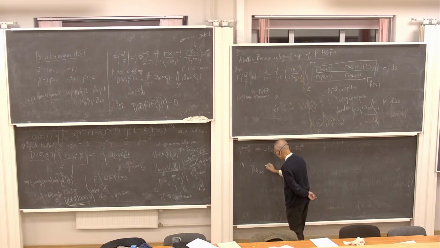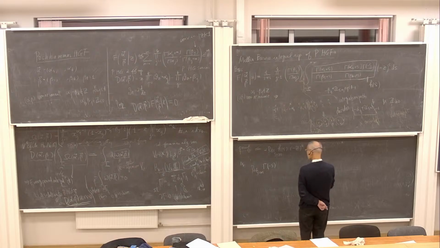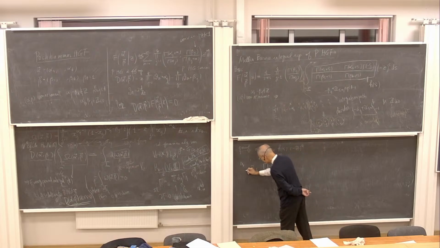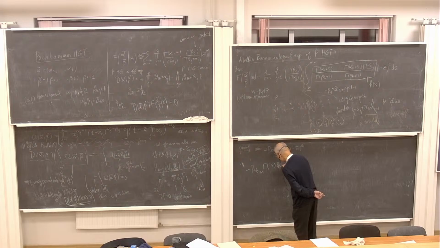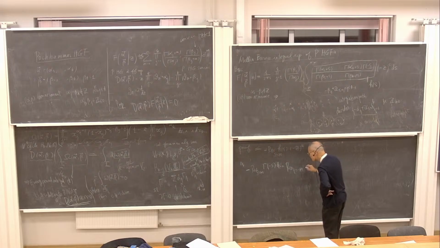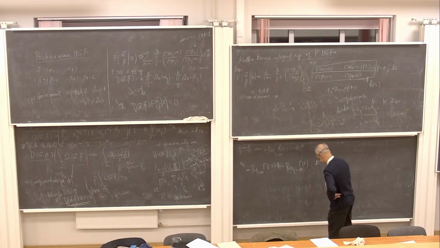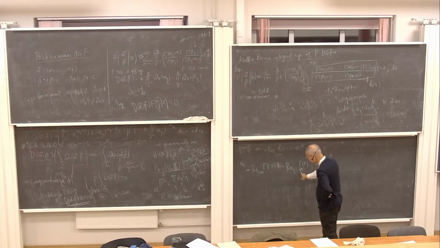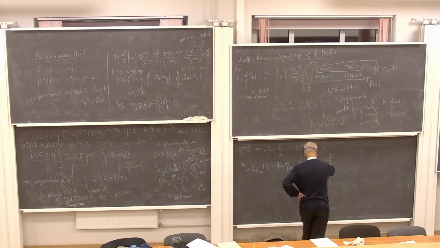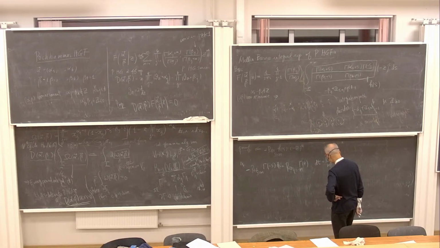At positive integers, gamma of minus S, let us consider the residue at t equals minus m, where ds, minus ds becomes dt, gamma t, paying attention to the sign, minus 1 to the power m over m factorial.